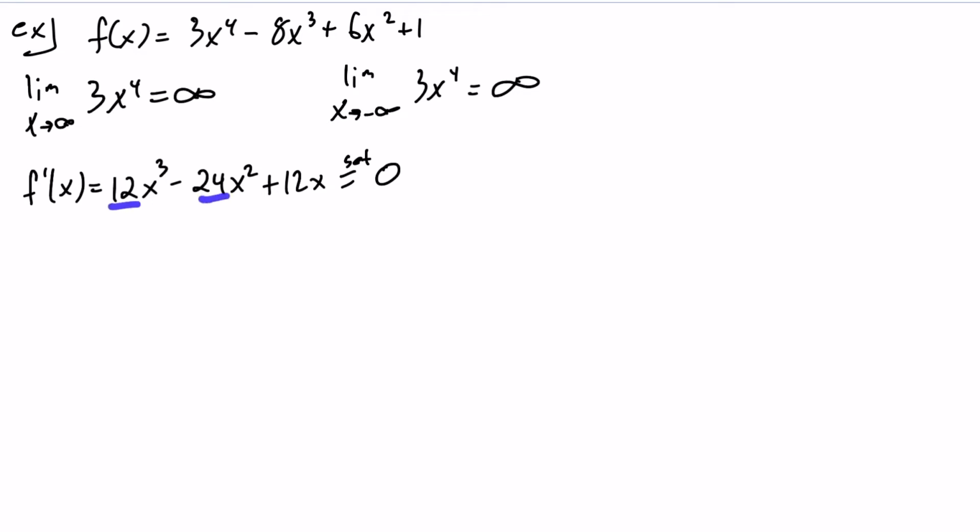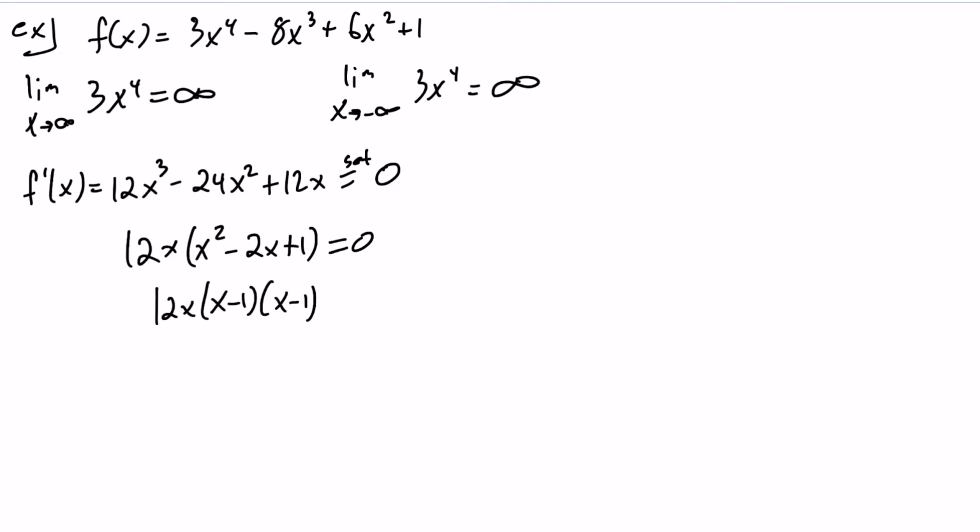Each of these coefficients is a multiple of 12, so we can factor out a 12. And in fact, each of these things has an x, so we can also factor out an x. And we get 12x times x squared minus 2x plus 1. And now we can break this apart further to be 12x times x minus 1 times x minus 1.